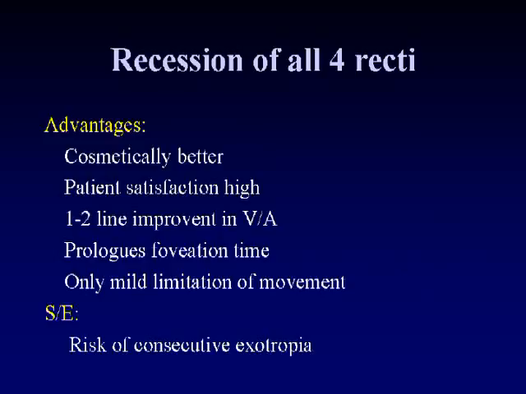Satisfaction is good. There may be a little improvement in visual acuity, although it may not be translated in the long run. However, the caution is that there is always that risk of consecutive exotropia that you should be aware of.